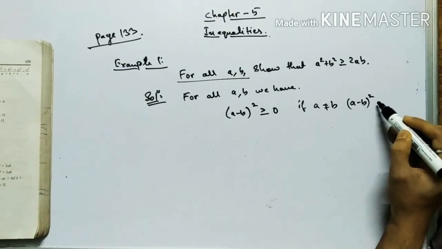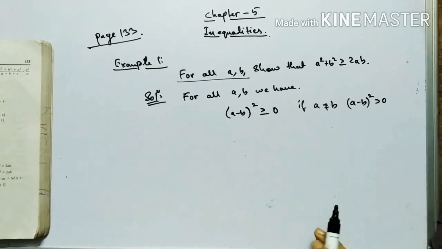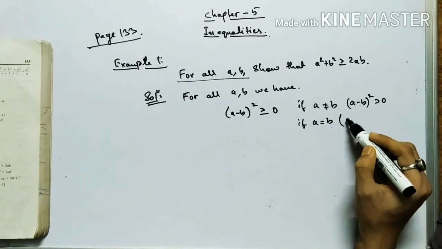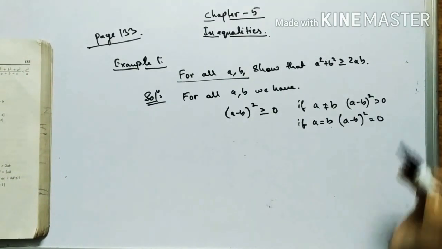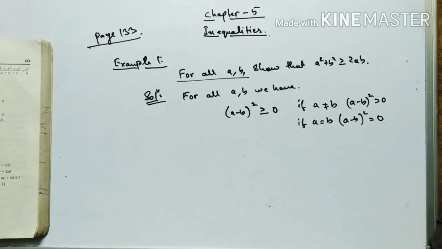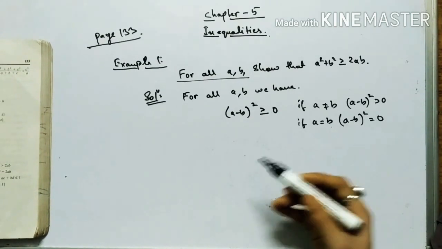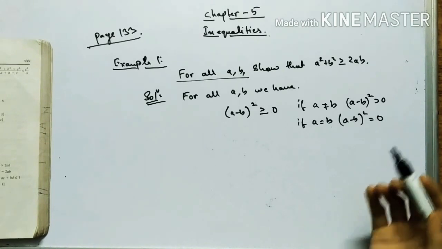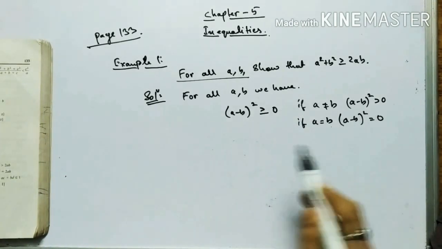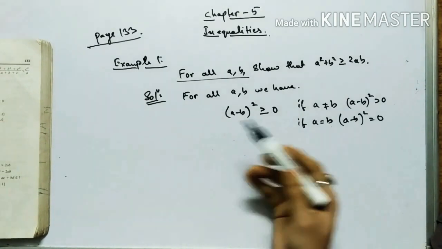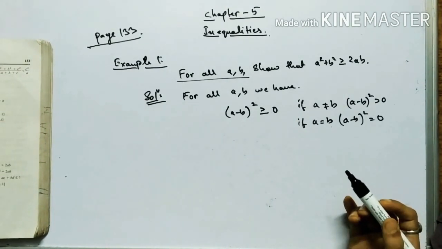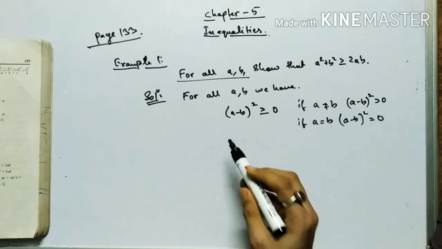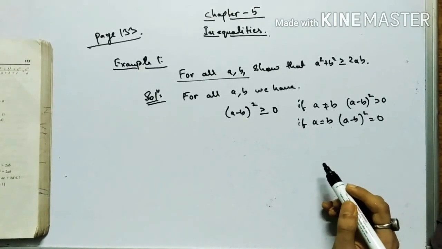If a is not equal to b, then a minus b the whole square will be greater than 0. But if a is equal to b, then a minus b the whole square will be equal to 0. Here we don't know the values of a and b, whether they are equal or not, so I have written greater than or equal to. If a is equal to b, then a minus b the whole square will be 0, and if a is not equal to b, then it will be greater than 0.